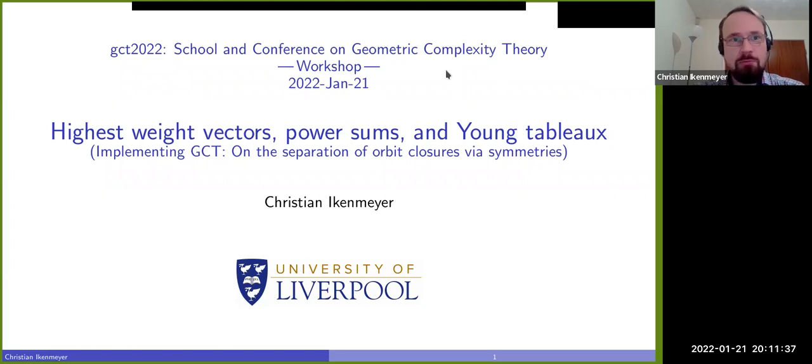So this is the workshop, right? I designed this talk to be more of a workshop talk, while the other one is a usual conference talk. I'm focusing on some special aspects of this paper, Implementing GCT on the separation of orbit closures via symmetries, with Umangatan Kandasamy.